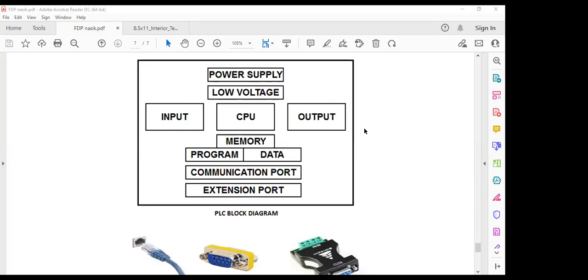Suppose for one rotation of a stepper motor, it requires 100 pulses. So your PLC output should go on-off 100 times, correct? So pulses should be generated. It's not that the PLC output is just on and your stepper will run. It requires a number of pulses, on-off signal, high frequency. So for that also, you will have to use a transistor type PLC.